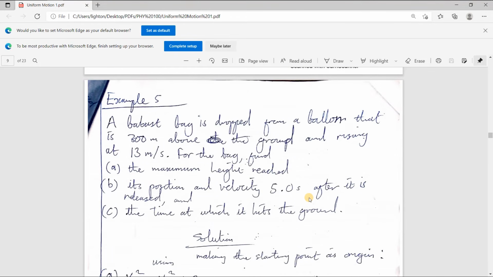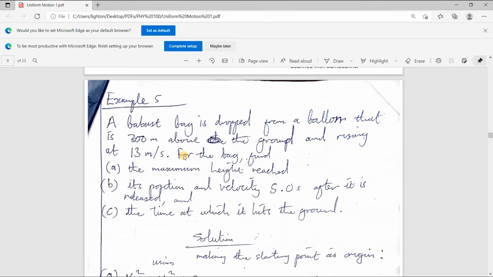And we can look at an example, which is example 5, where we have a ballast bag dropped from a balloon that is 300 meters above the ground and rising at 13 meters per second.